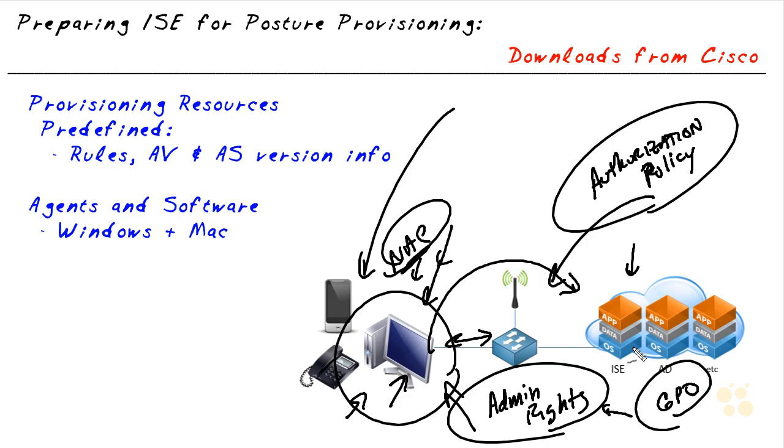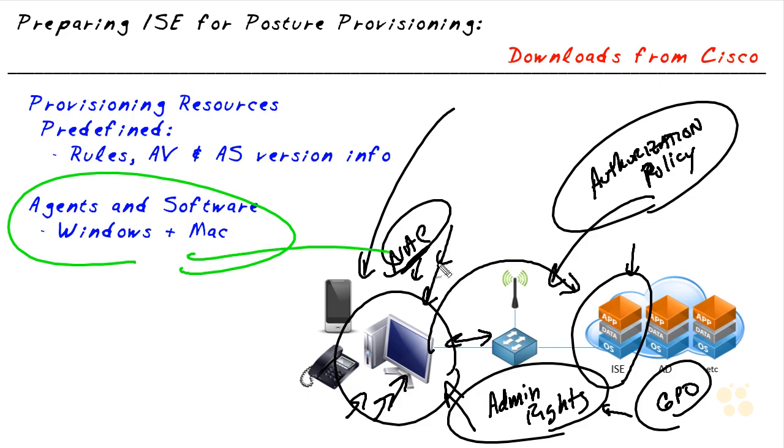Now, in an environment where we do have admin rights and we do want to push out the NAC agent from the ICE server, one of our challenges is that this ICE server by default does not have the NAC agent. So what you and I are going to do is tell our ICE server to download the latest and greatest NAC software directly from Cisco.